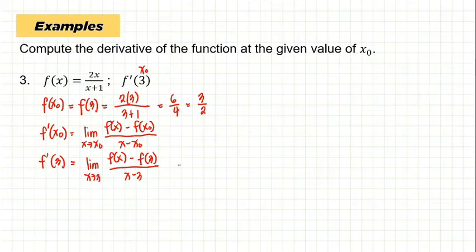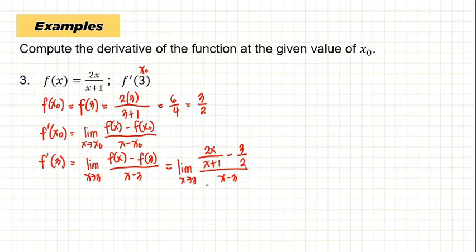Now we substitute for f of x. So f of x is 2x over x plus 1. So we have 2x over x plus 1 minus f of 3, which is 3 halves, all over x minus 3 as x approaches 3.